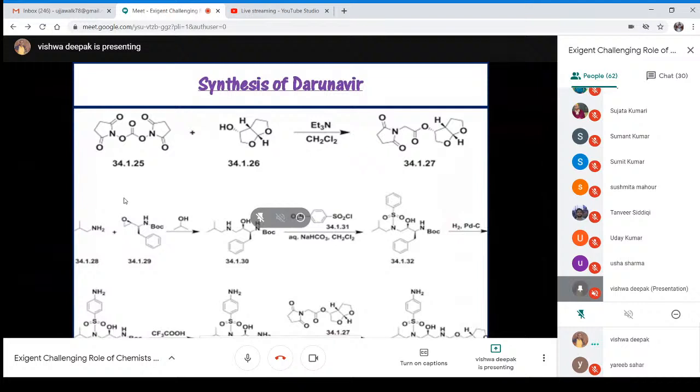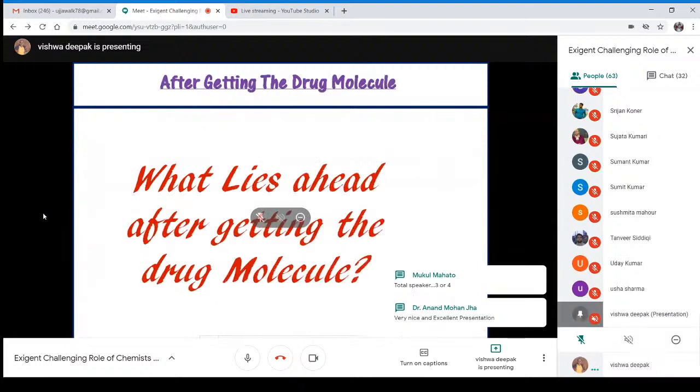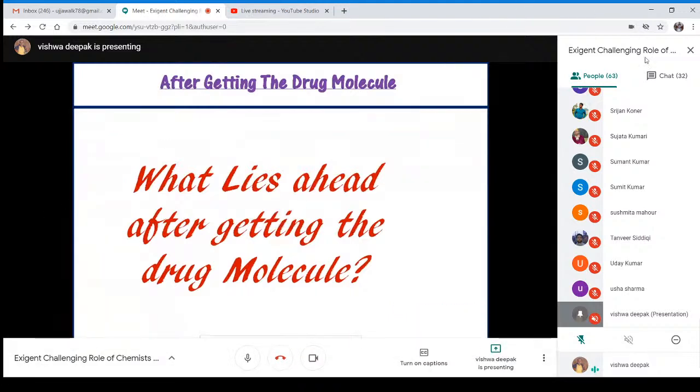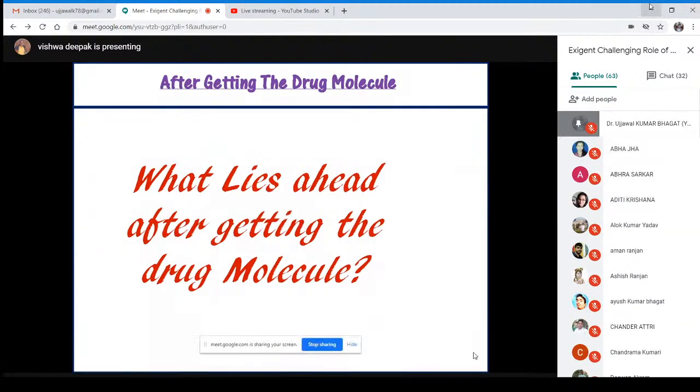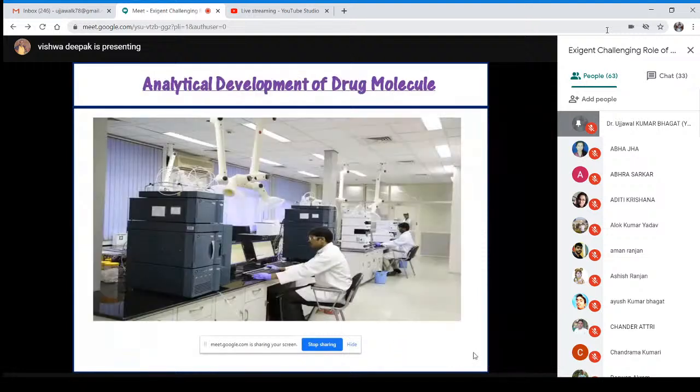With this slide, I was telling that this is the very complex synthesis of darunavir, and this can be achieved only with the help of chemistry. So once we have the molecule in our hand, and we can use this molecule for COVID infection, then how this molecule can be available for all of us, for 130 crore of people in India. So this is a big task. And now the role of pharmaceutical industries comes into the picture.